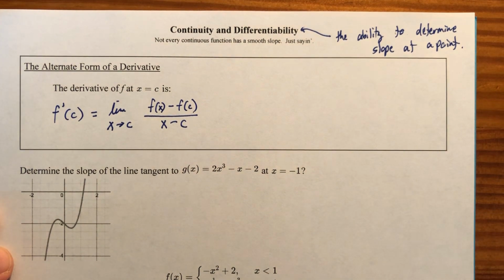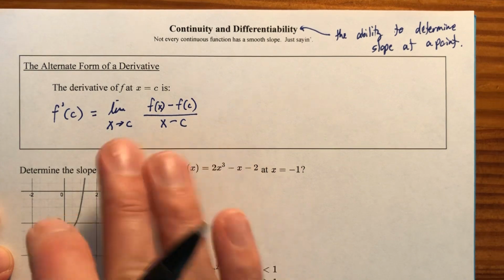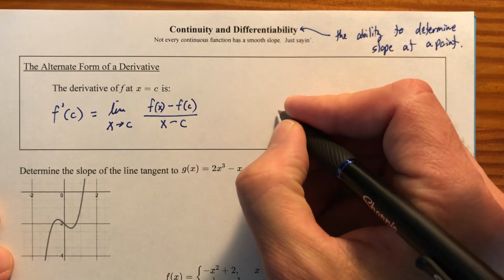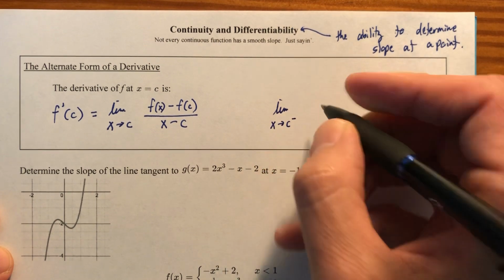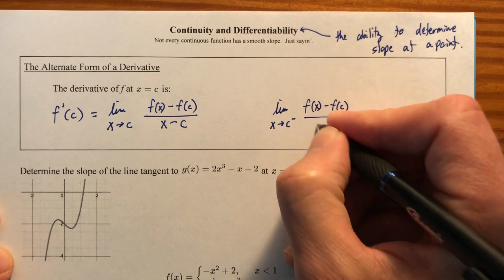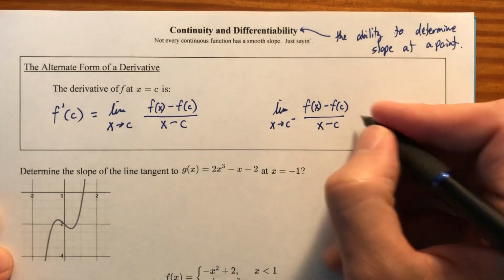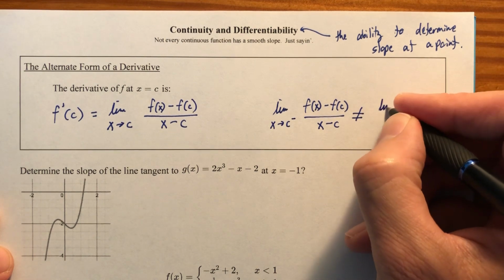And there's a little caveat to this. If this limit exists, then we have to have the limit from the left match and equal the limit from the right.